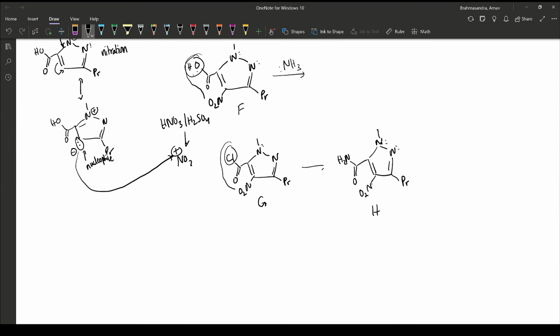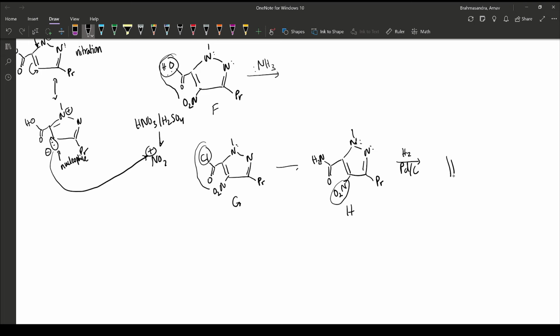And automatically we see a nitro group. Nitro groups are not the most stable. So what's going to happen is our nitro group is going to be reduced to an amine group. We're going to have a reduction of the nitro group. So what do we get at the end? We just get this nitro group replaced with an amine. So we get our same thing as before, except now we have NH2 rather than NO2. And we have our amide just as before.